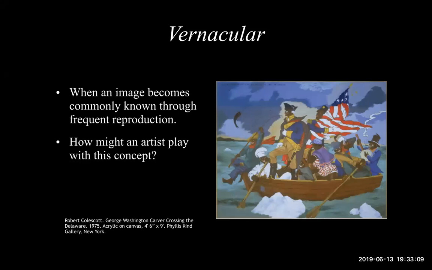But because it on first glance is so much a part of our vernacular, we immediately get some of what the artist is trying to convey. And then as we look at it more deeply, we start to pick up on some of the subtleties.